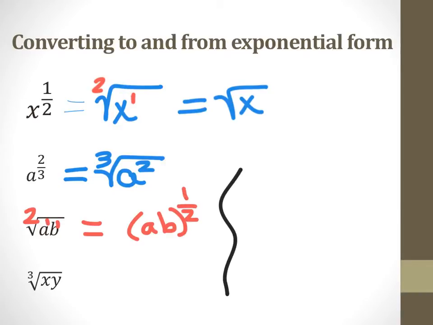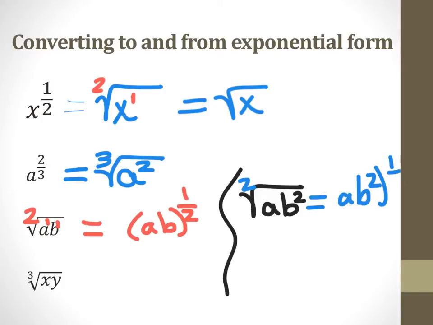If, by chance, what's inside looked like this, then you would get, and this, remember, is a square root, ab squared to the 1/2. But then we could simplify that to get a to the 1/2, and this 2 multiplies with this 1/2 to give you 1, so you get a to the 1/2 b. We'll do more of that on the next page.